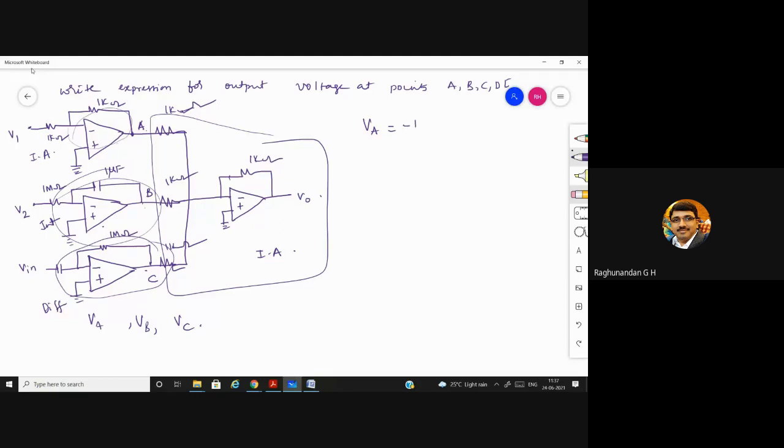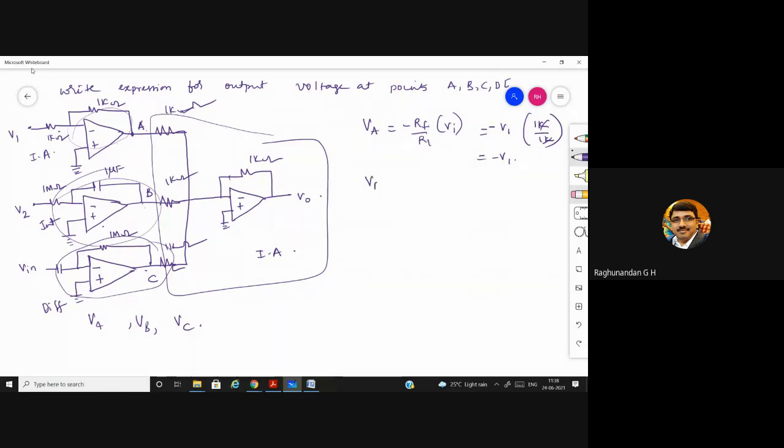For an inverting amplifier, we have Rf by R1 into Vi. Since we don't know Vi, it will be V1, and the minus will be as it is. Rf by R1 is 1 kilo ohm by 1 kilo ohm. So VA is equal to minus V1.